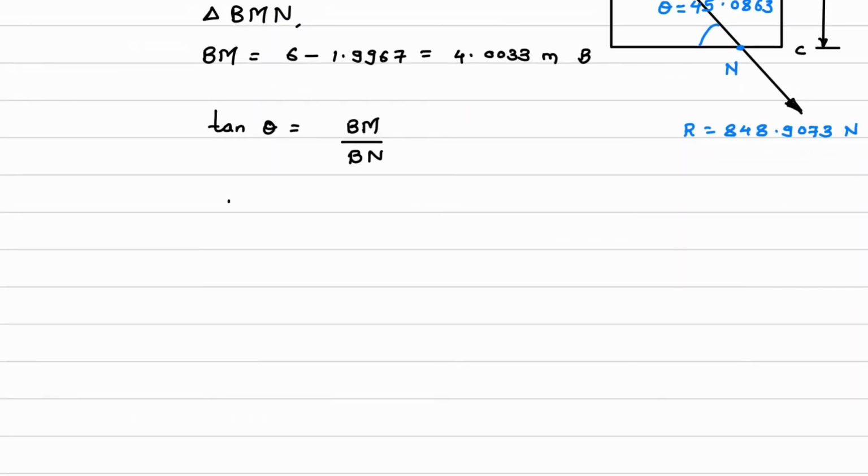BN is equal to BM, which is 4.0033, divided by tan theta, 45.0863. So from here we can calculate BN. BN is equal to 3.9912 meter.